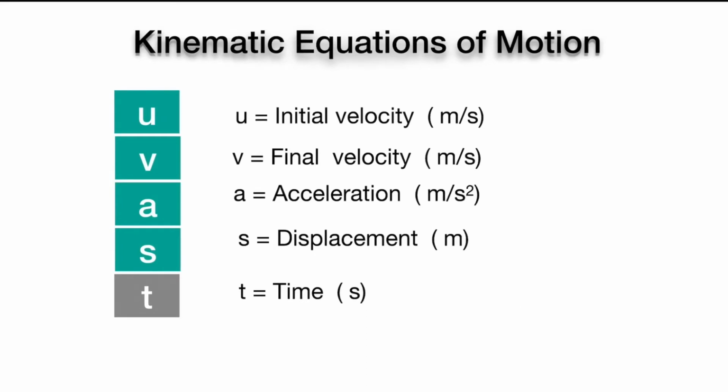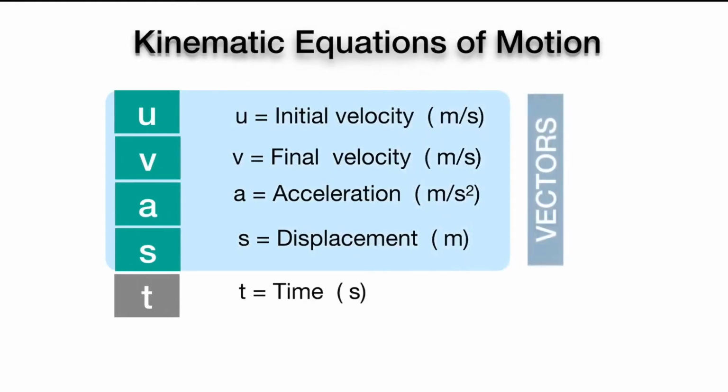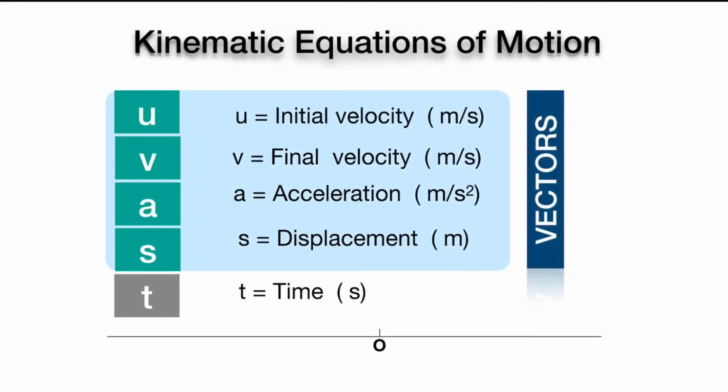The u, initial velocity, measured in meters per second. v, final velocity, measured in meters per second. Then acceleration a, displacement s, and time t. Out of these 5 variables, 4 are vector quantities. Vectors for one-dimensional motion can be represented by 2 directions, the positive x direction and negative x direction.